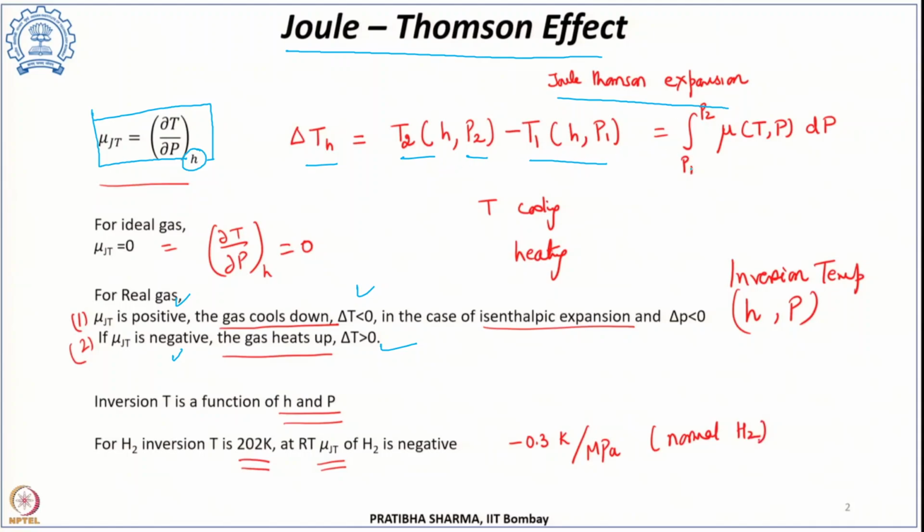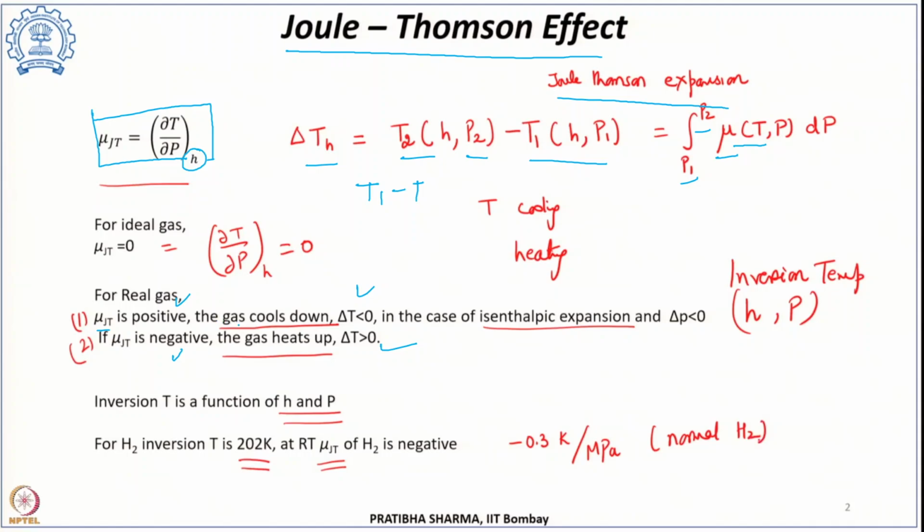So we can calculate the change in temperature from pressure P1 to pressure P2, using the Joule-Thomson coefficient times dP. The Joule-Thomson coefficient itself is a function of temperature and pressure. You can calculate delta T or T1 minus T2. If the initial temperature is given, you can find the final temperature using this equation. For real gases, the Joule-Thomson coefficient is positive.